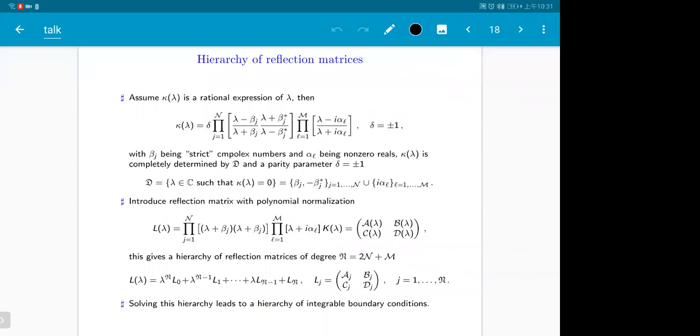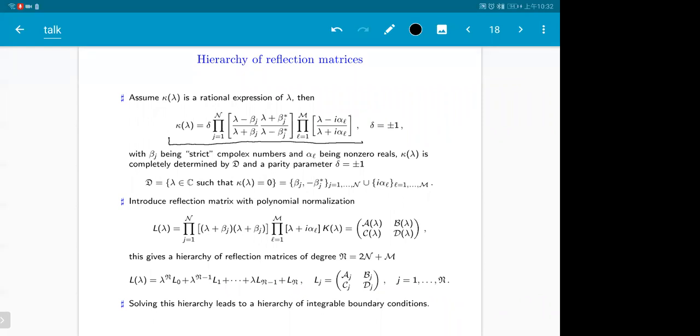With the normalization property, we can assume a general expression of kappa, the determinant of the reflection matrix. It is in this form. The beta are assumed to be strictly complex numbers with nonzero real and imaginary parts, and alpha is a nonzero real.